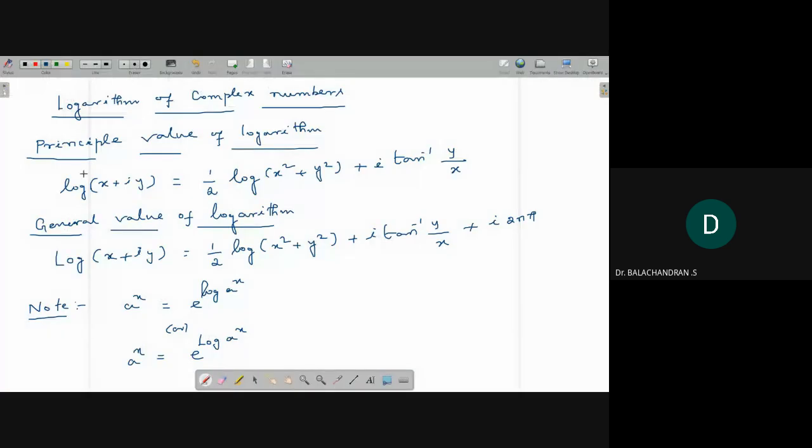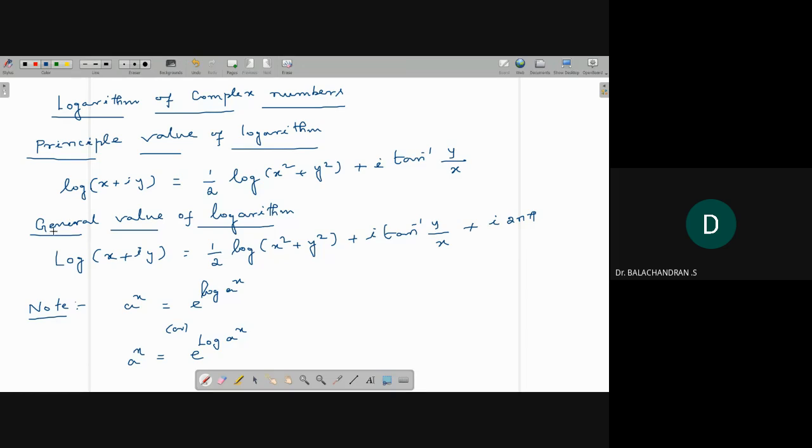So here we defined the principal value of the logarithm and the general value of the logarithm. The principal value of the logarithm is log of x plus iy equal to half log of x square plus y square plus i tan inverse of y by x, and the general value of the logarithm, which is denoted by capital L, Log of x plus iy equal to half log of x square plus y square plus i tan inverse of y by x, and then plus you should add i 2n pi.